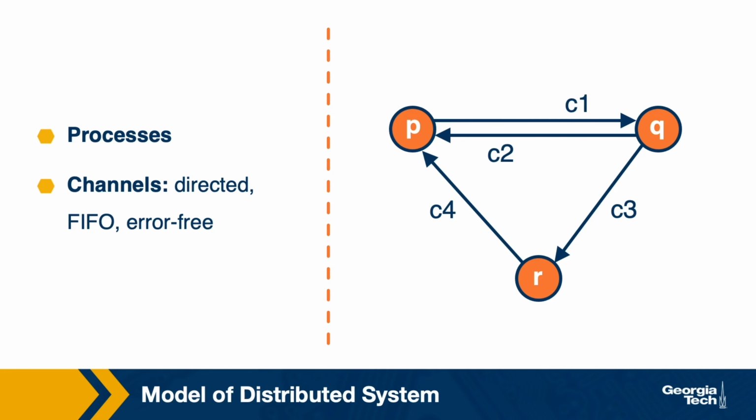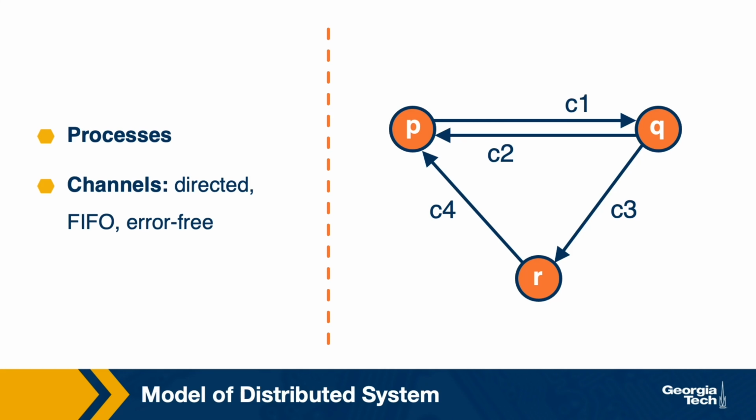This model will also assume that all the channels are FIFO, meaning messages are delivered to the destination in the same order in which they're sent, and that all the channels are error-free, meaning that there won't be any corruption on the messages. These last assumptions don't necessarily apply to arbitrary networks, but the TCP protocol is pretty prevalent as a transport, and it makes guarantees to its endpoints about ordered and reliable delivery, which is precisely that the messages will be delivered in order exactly as they were sent, and that the communication will be error-free.